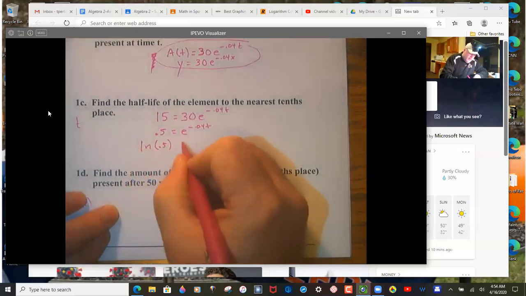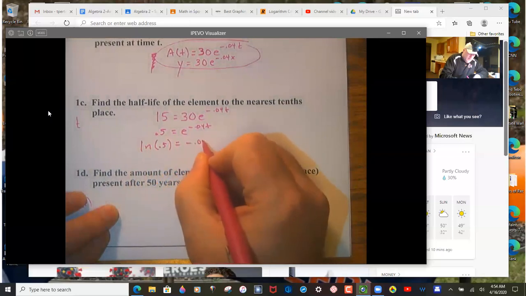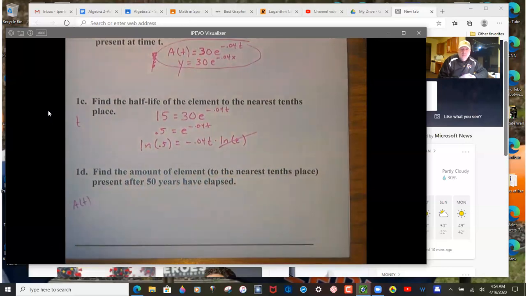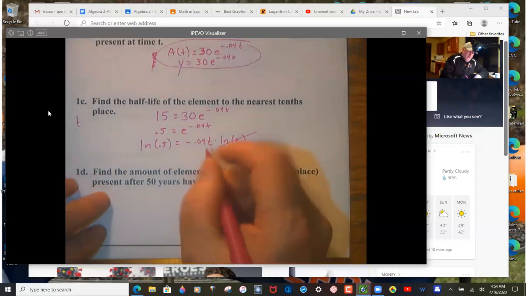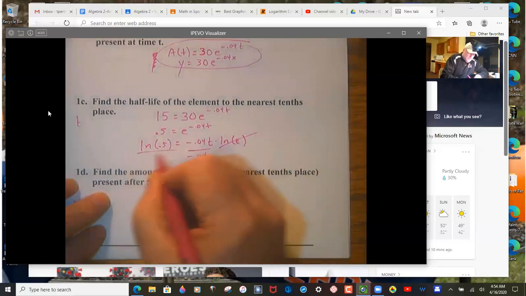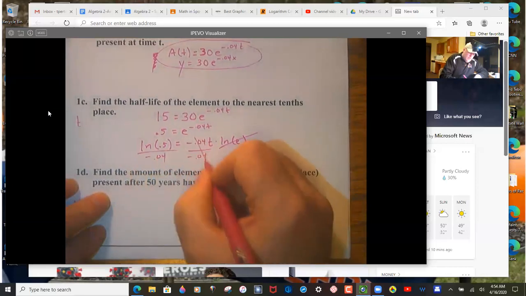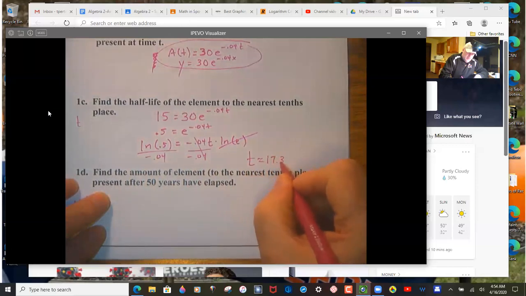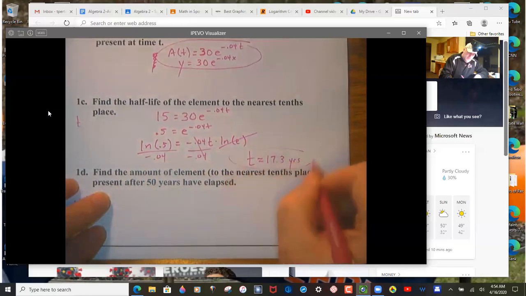Log base e is ln. And the exponent comes down. And log base e of e is 1. And now we want to divide by negative 0.04. And this will deliver our half-life, which is 17.3 years.